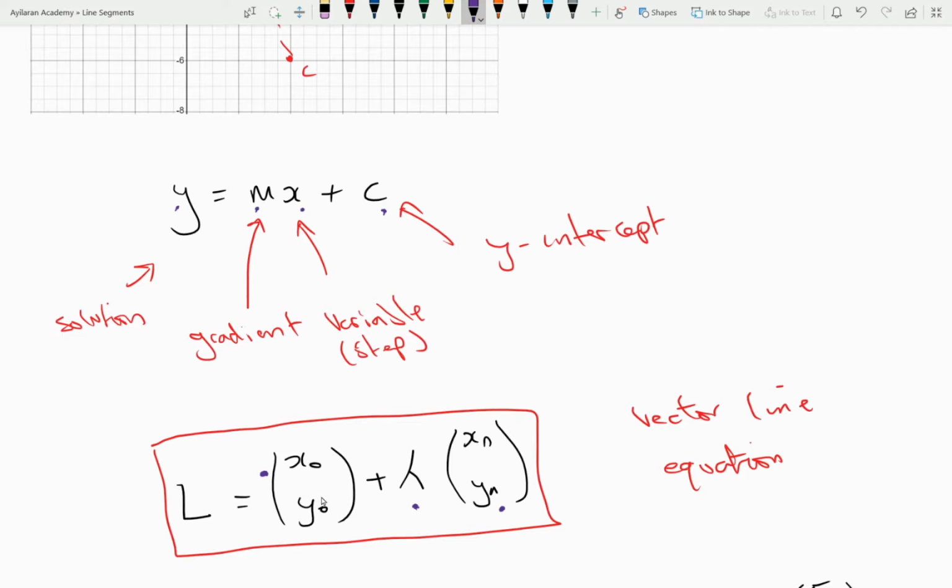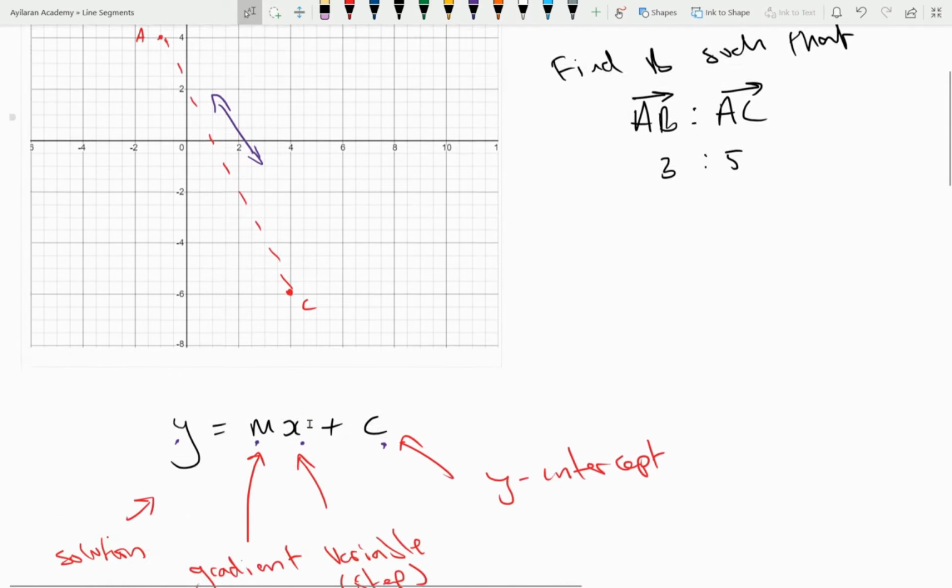So to go from my initial value x0, y0 to any vector point along the line, I need to take a certain amount of steps in this direction. And that's the essence of a vector line equation, which works in 2D and 3D space. So let's try it out just for AC by itself.